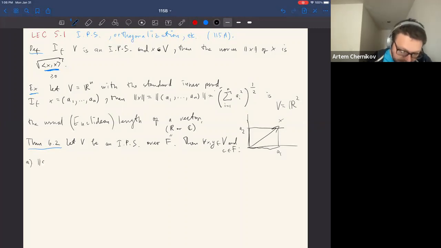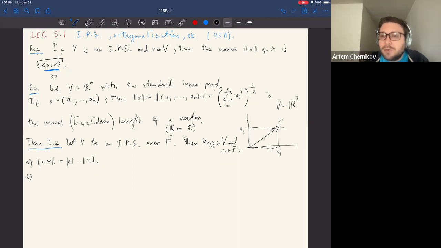First, the norm of the vector x multiplied by c is just the norm of x multiplied by the absolute value of c. So scaling by c corresponds to multiplying the length, as the name scaling suggests.